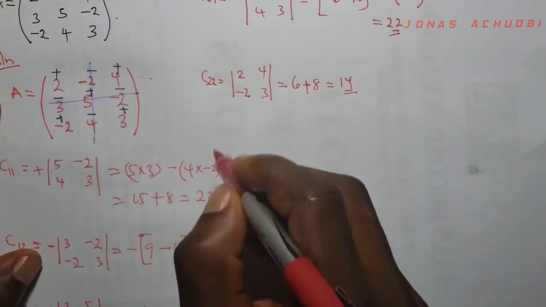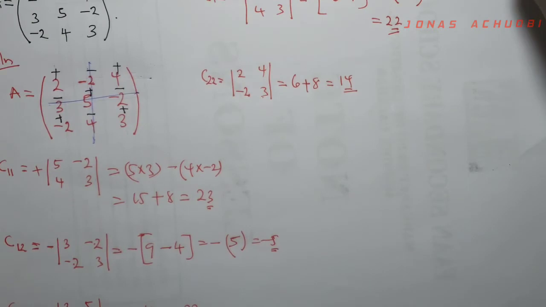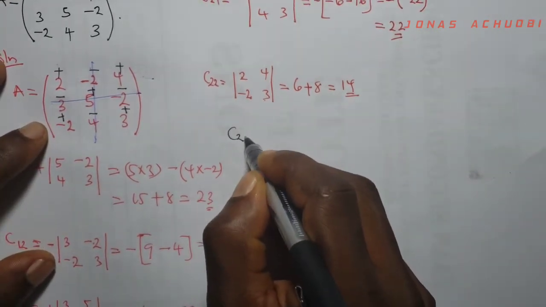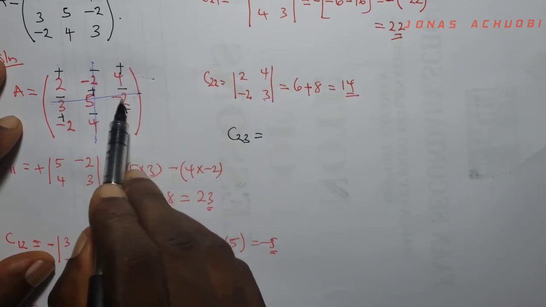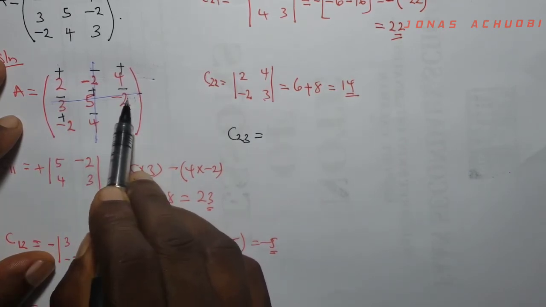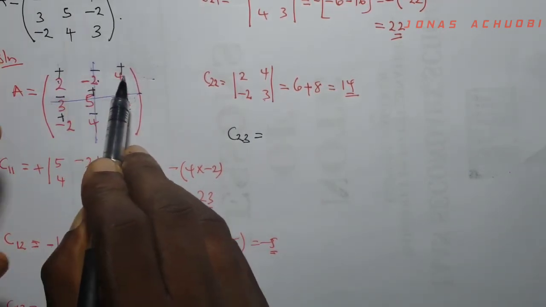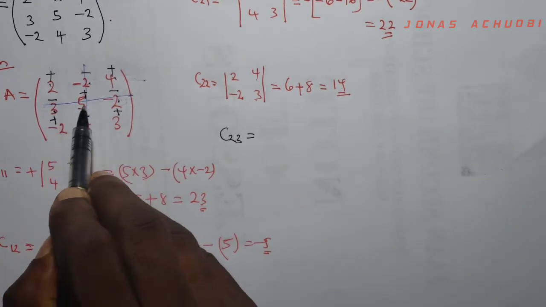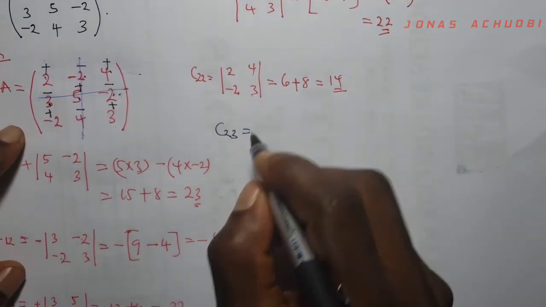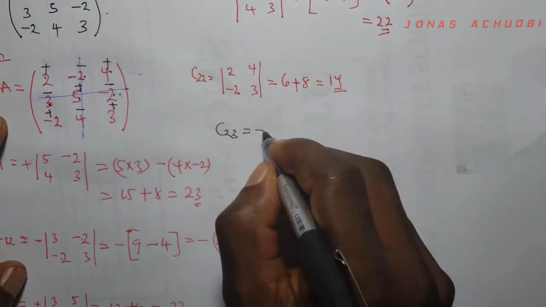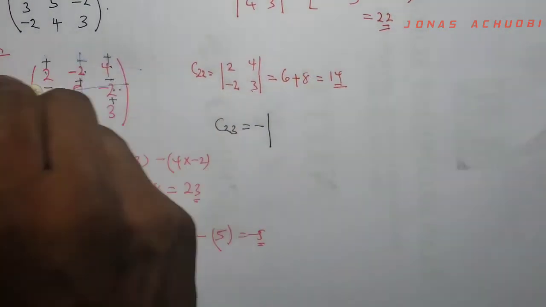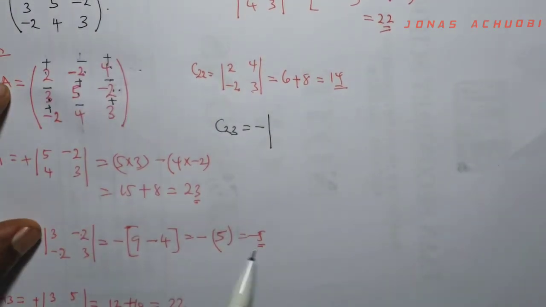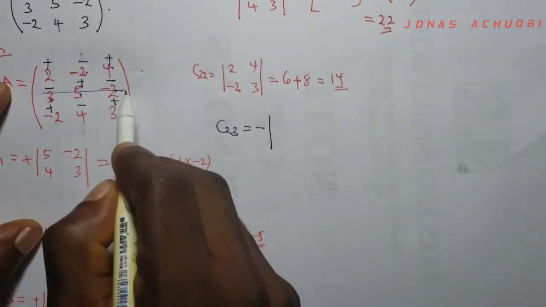The next one is C23, which is the cofactor for the entry of row 2, column 3. So this is the entry of row 2, column 3: A11, A12, A13, A21, A22, A23. So what sign should that be? Negative sign. So minus into the minor of that entry. I take it off again. This entry is in row 2, I take off.